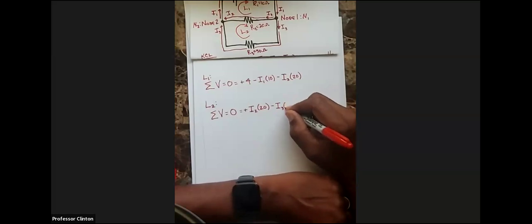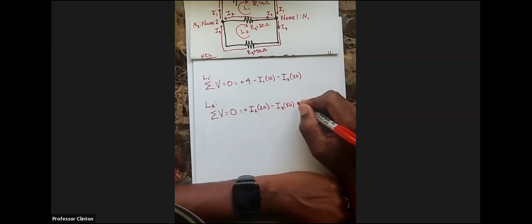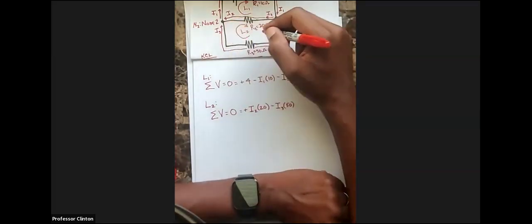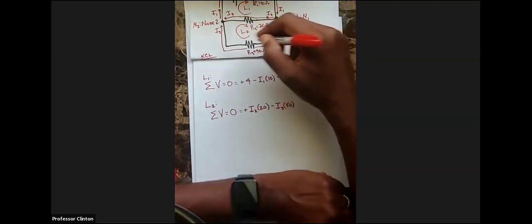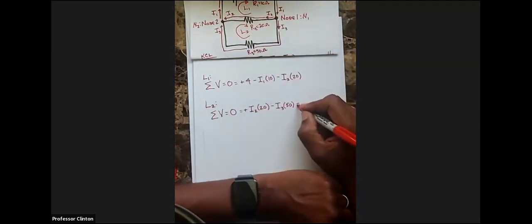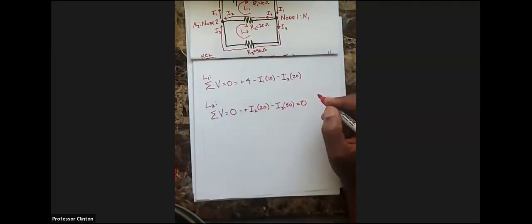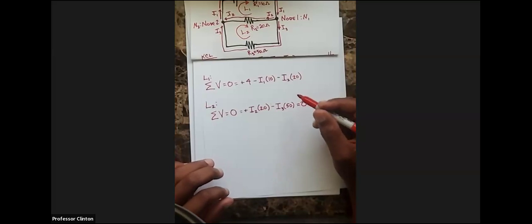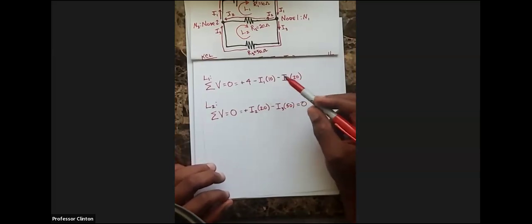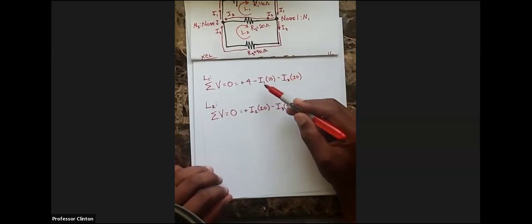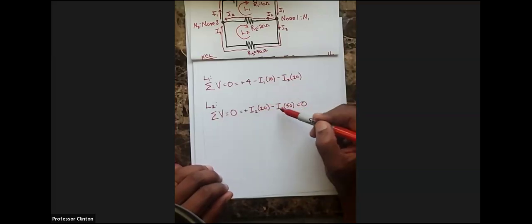And so the voltage drop there is going to be times 50. There is no battery in this part of the circuit, and so this will be all that we're left with. So you'll notice here in total, we have 3 unknowns, I1, I2, I3.